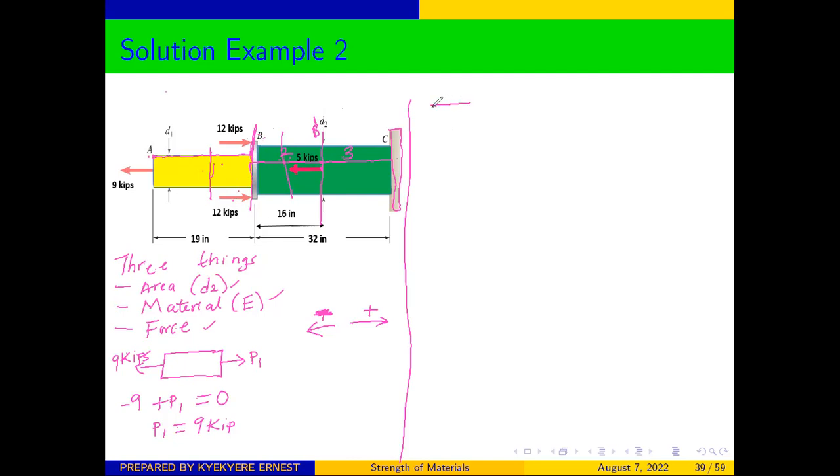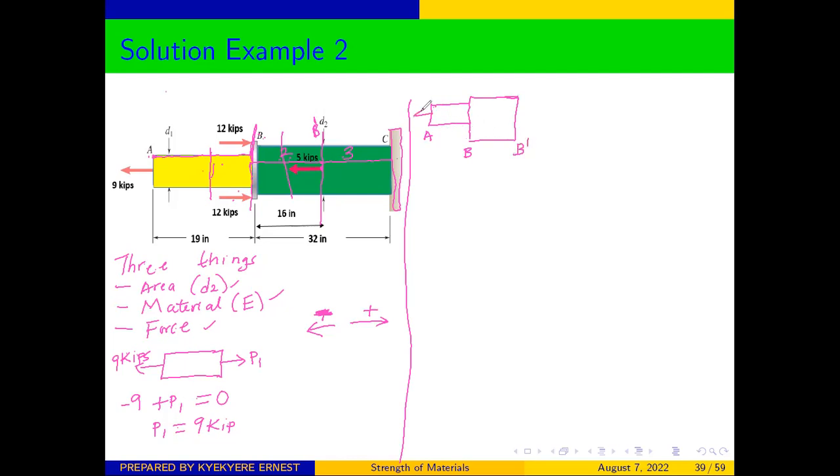We have this section here like that. We have this section here. And we are encountering a new diameter. We can draw that like that. So this is A, this is B, this is B prime.